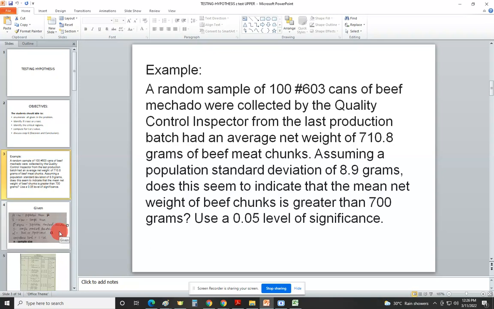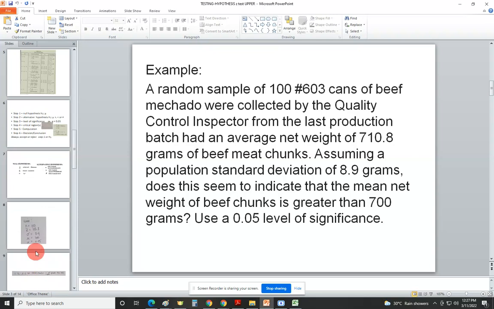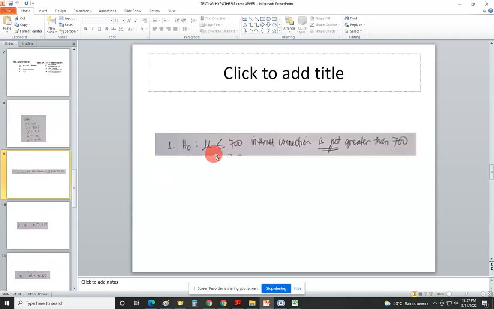So actually, this H sub 0, or our null hypothesis is, ano siya, Christian? Since you said that is not the claim of the manufacturer, so therefore that is the opposite of the claim.